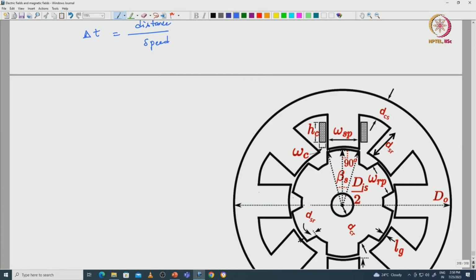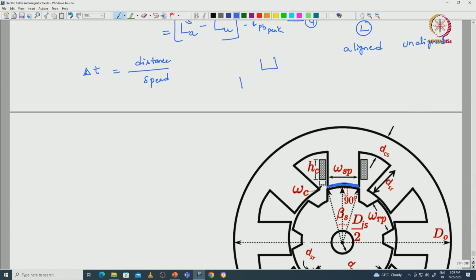We can see here, this is the rotor stator pole arc, the blue color one. So, wherever the rotor may be, if I excite the A phase winding, the rotor will move this much length, right, from unaligned position to aligned position. So, the rotor is moving from this position to this position. This is the unaligned position and this is the aligned position.